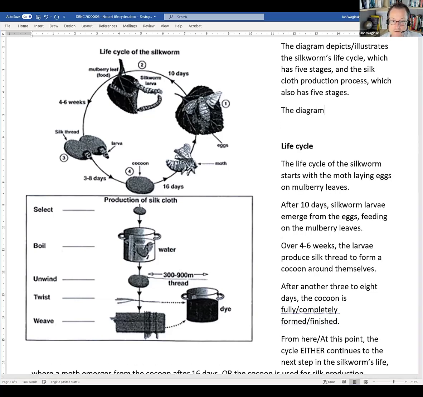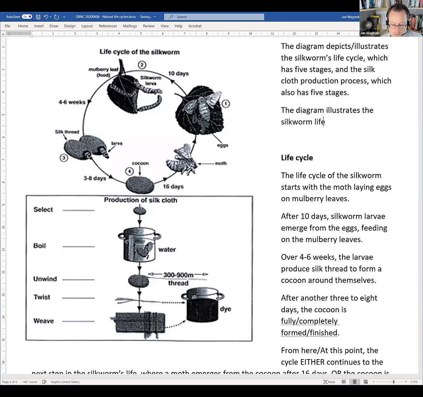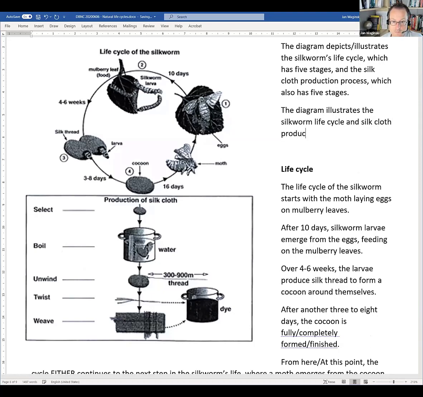The diagram illustrates the silkworm life cycle and silk cloth production process. In general, we can say general, or we can say overall, whatever you want.